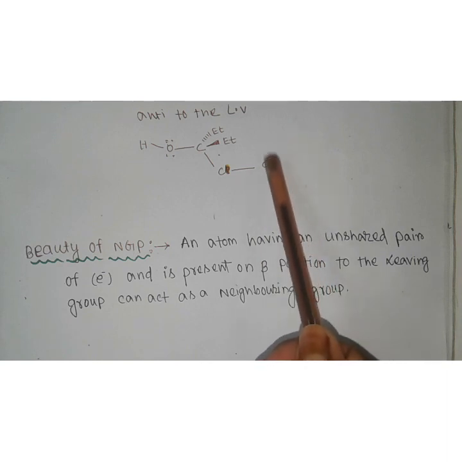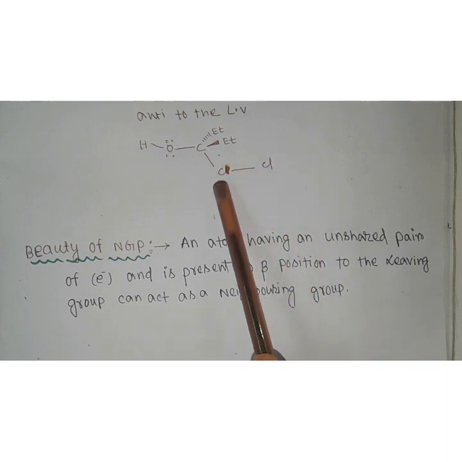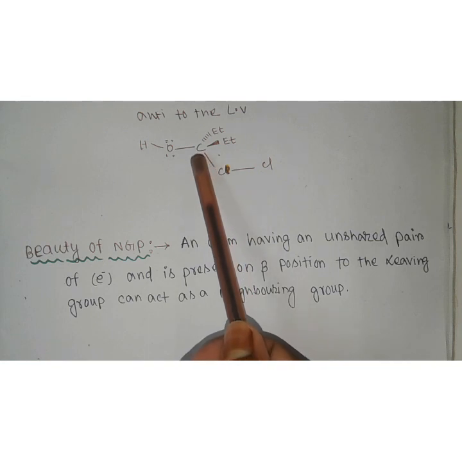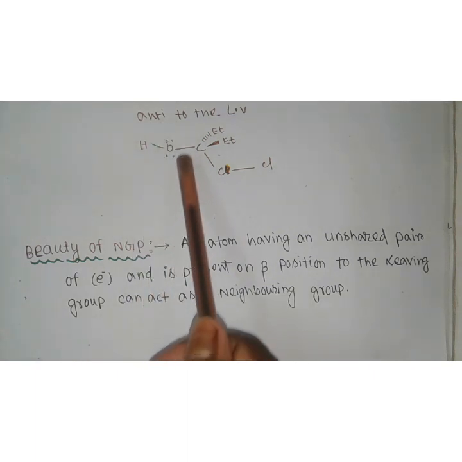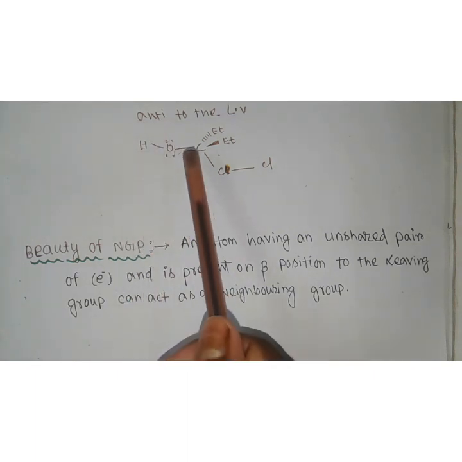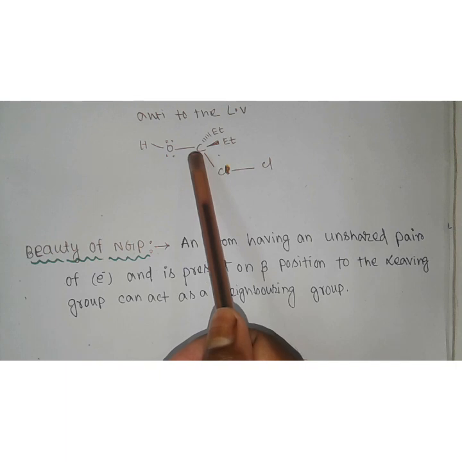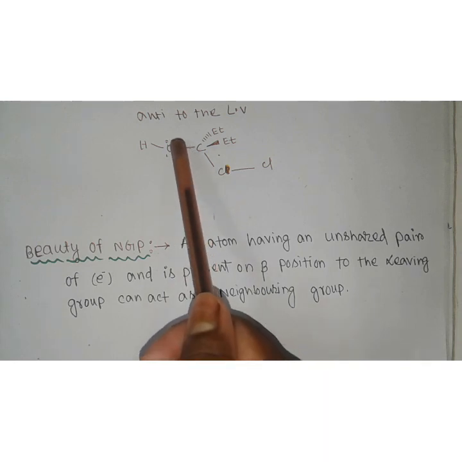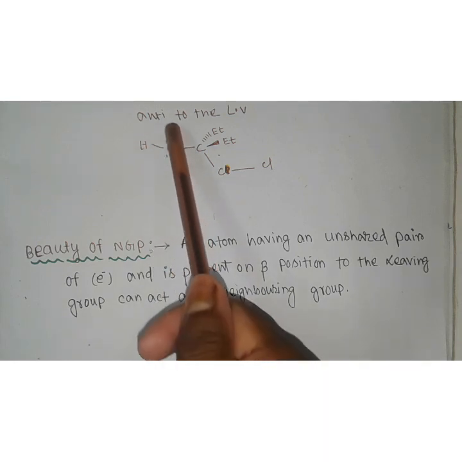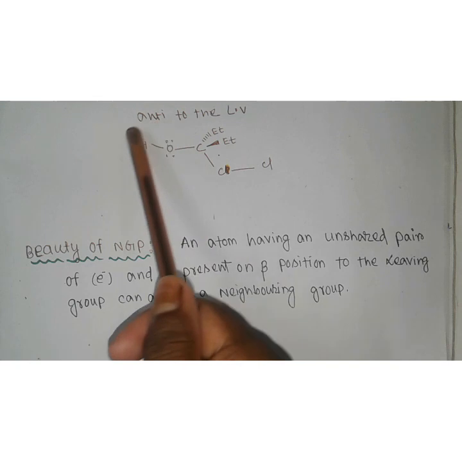With respect to the leaving group, this carbon is the alpha carbon and this carbon is the beta carbon, and this OH group is attached to the beta carbon. From this data, you can say that it can act as a neighboring group.